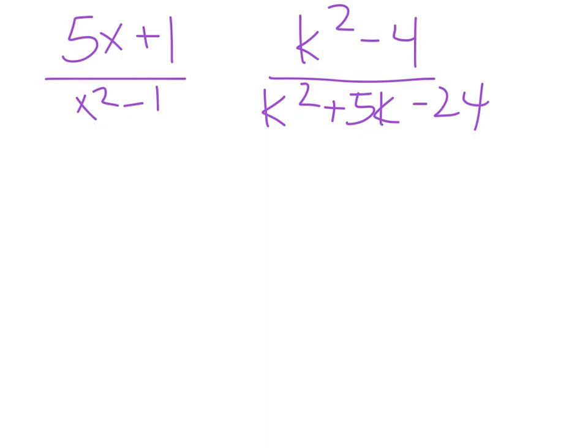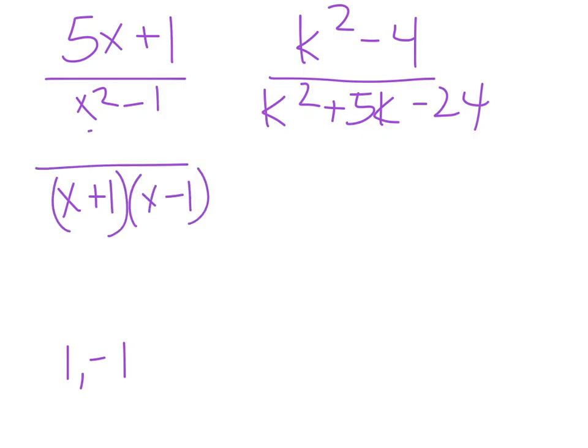if it says excluded values, well, I can look at this and I can say, so x squared minus 1, well, x can't be 1. It also can't be negative 1. Let's look at another way to do that. Because x squared minus 1, if I factor it, would be x plus 1 and x minus 1.